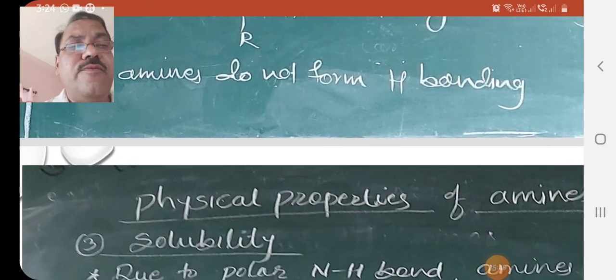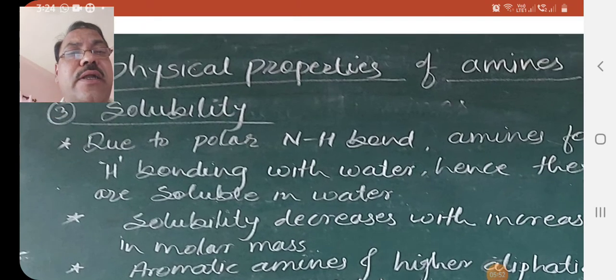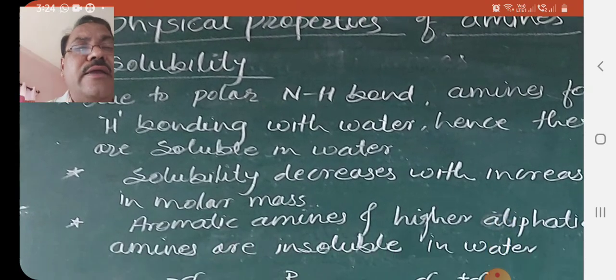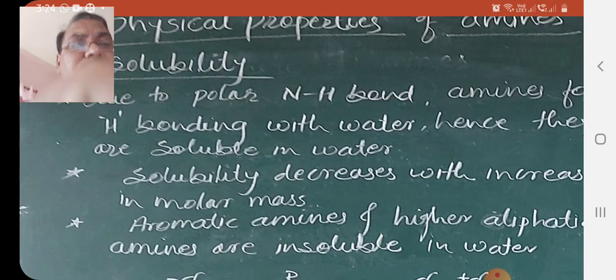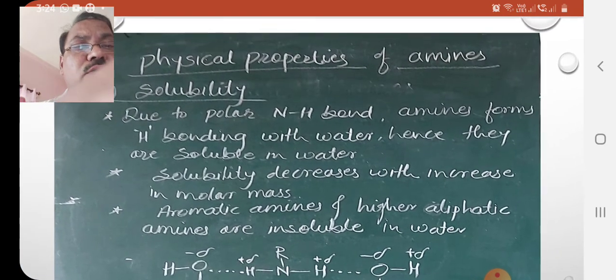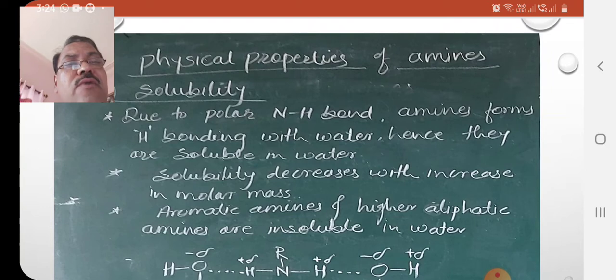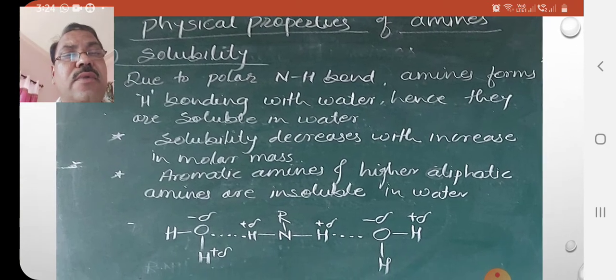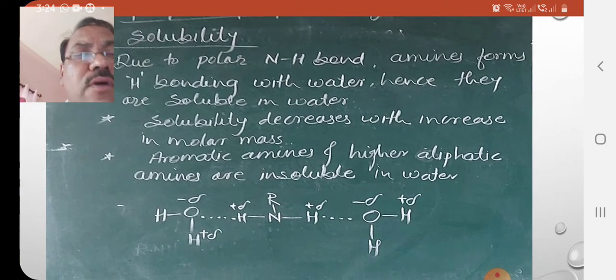Now the third physical property of amine is solubility. Again the reason is the same, due to polar NH bond amines form hydrogen bonding with water. When amines are dissolved in water, they are soluble in water because the oxygen of water molecule gets attracted towards hydrogen of amine.